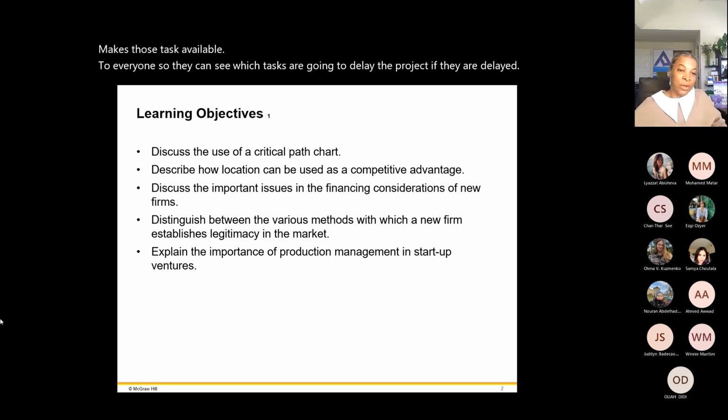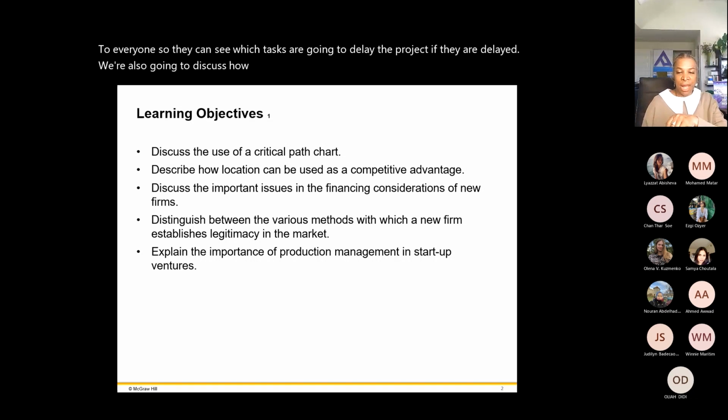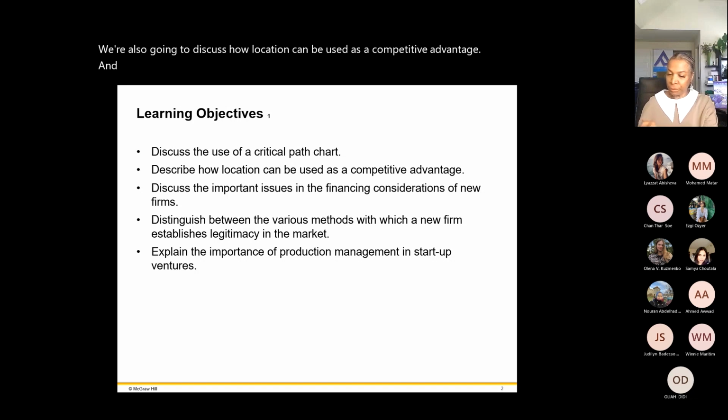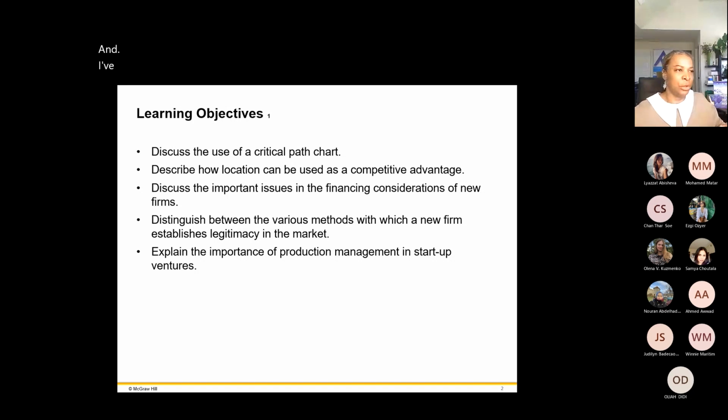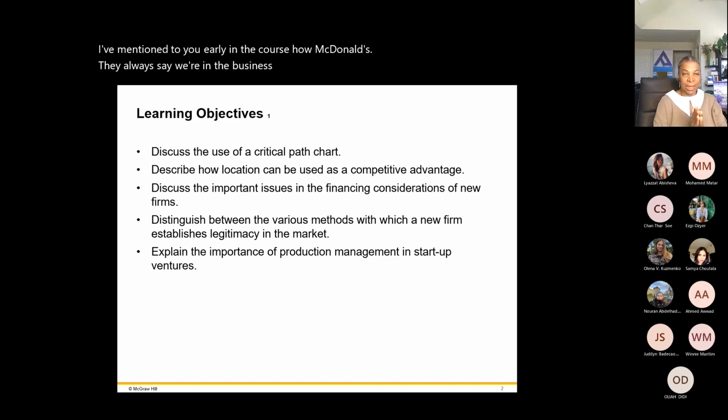We're also going to discuss how location can be used as a competitive advantage. And I've mentioned to you early on in the course how McDonald's were in the business of real estate, not fast food.